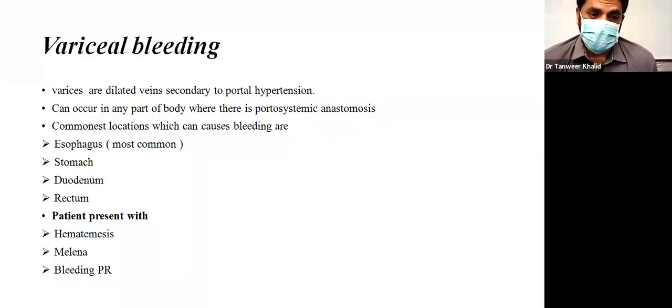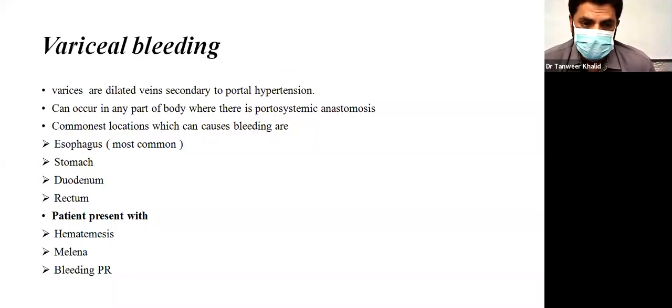Now, what are varices? Basically, varices are dilated veins that develop secondary to portal hypertension. They can occur in any part of the body where there is portosystemic anastomosis. The concept of development of varices is like this. Whenever the liver is cirrhosed, there is resistance to blood flow through the liver.